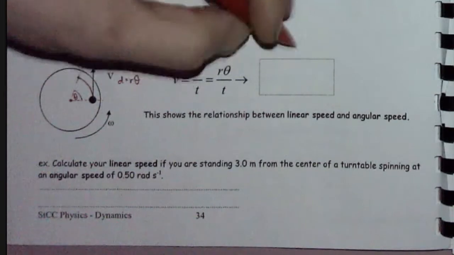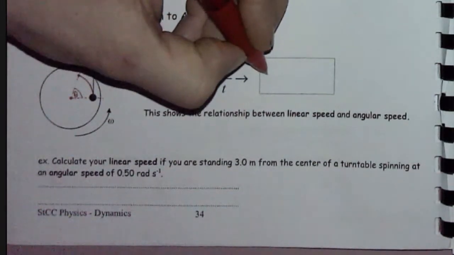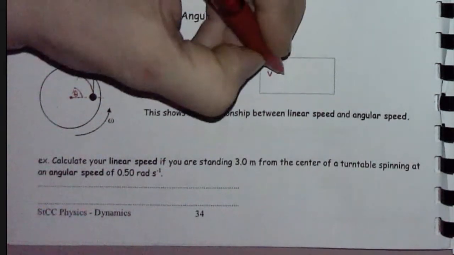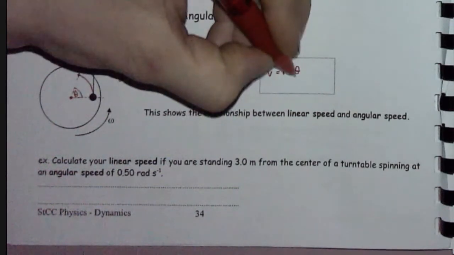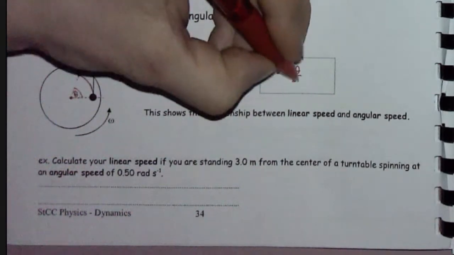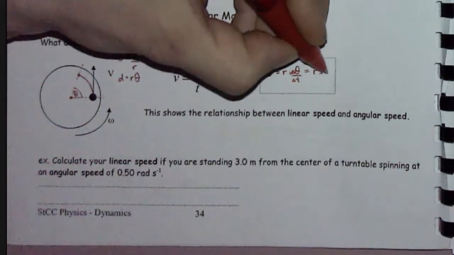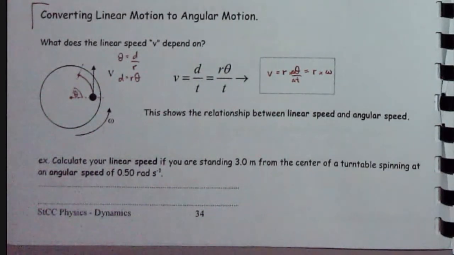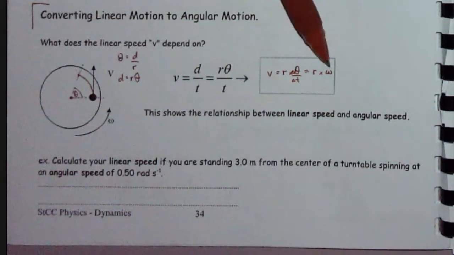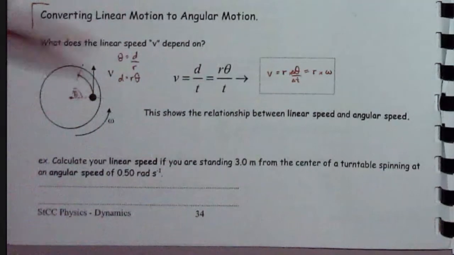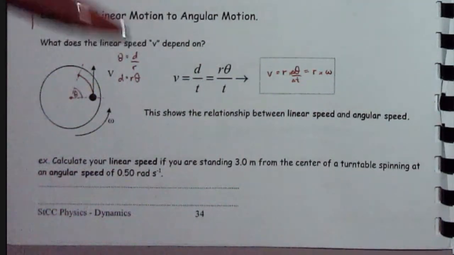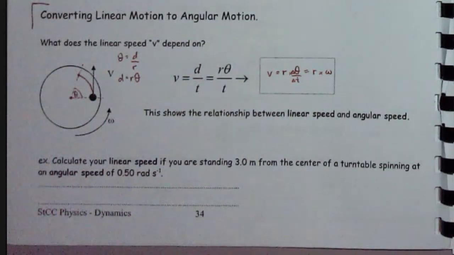And so v is going to be equal to r times delta theta over delta t, which is r times omega. Just as d is r times theta, v is r times omega. That shows the relationship between the linear speed of this object as it moves around in a circle and the angular speed of the object itself. We just multiply the angular speed by r to get the linear speed.